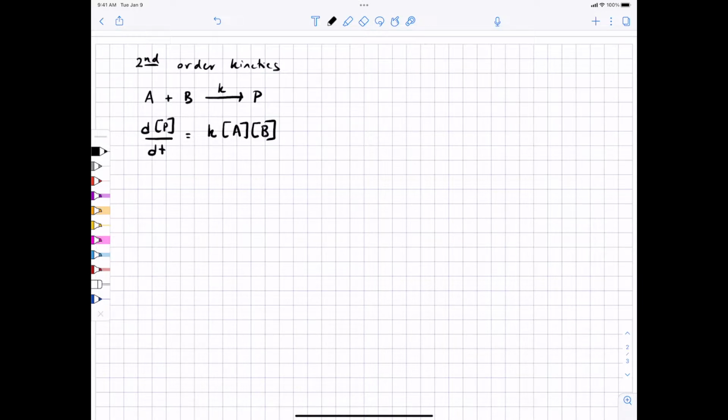Now, you can use calculus and integral tables and differential equations to use this expression and derive a rate law, which I will write here, but you will see is rapidly complicated enough as to not be that useful to us.